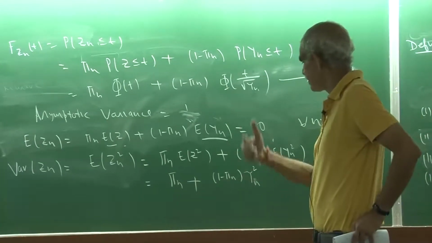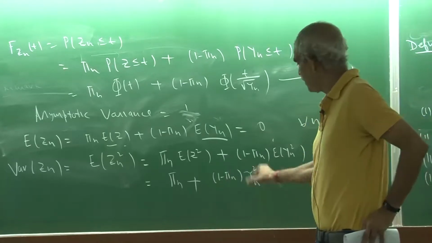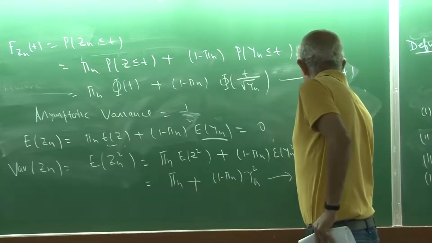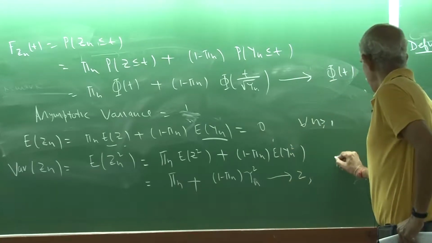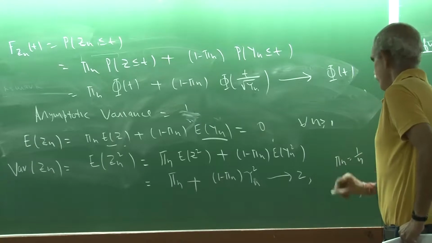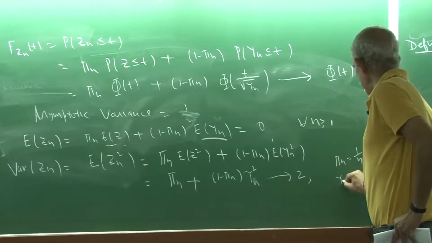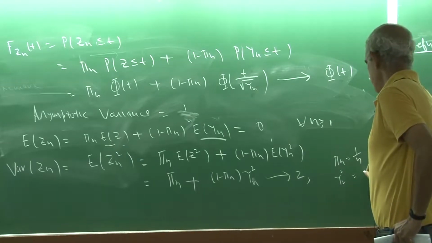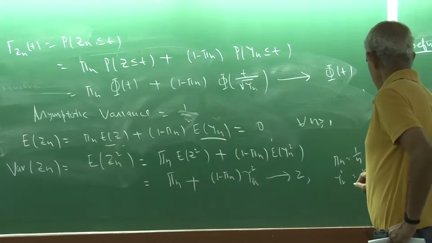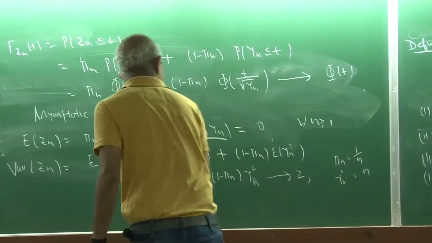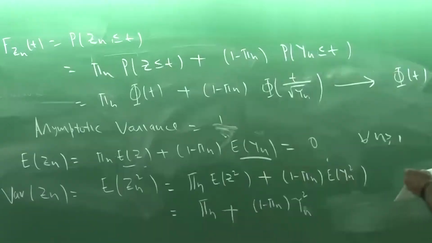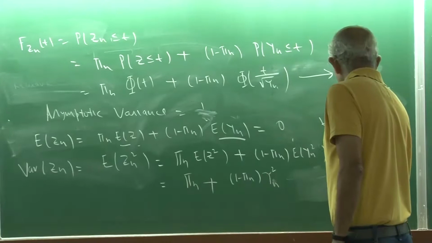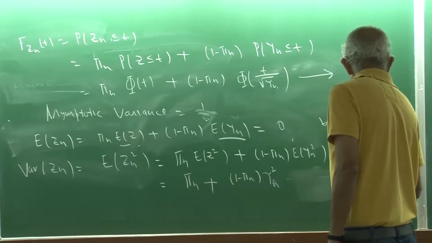So that is very simple. So pi n has to go to 1, so I take pi n as 1 minus 1 by n.